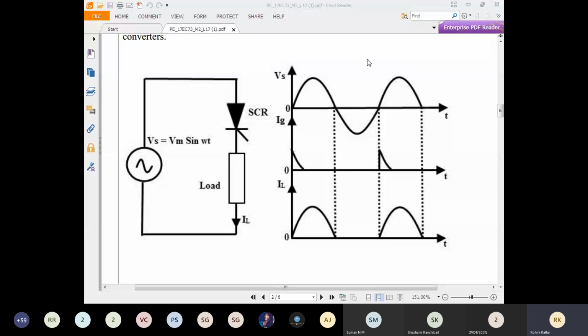Yes, ma'am. Tell me what's happening in the junction diagram J1, J2, J3. Junction J1 is? One second.